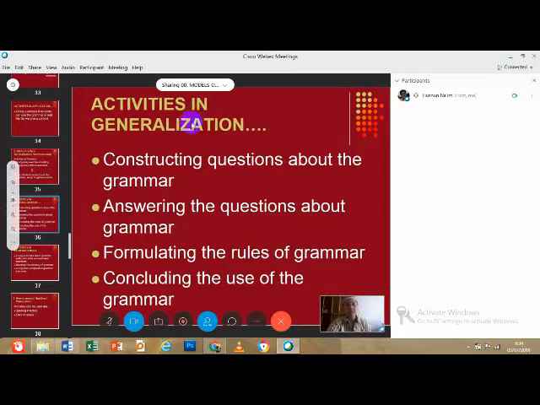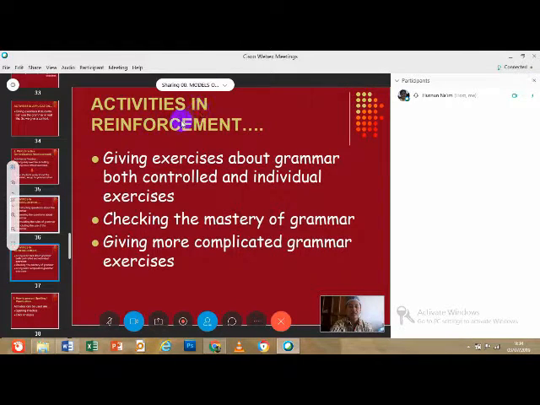Activities in generalization: constructing questions about the grammar, answering the questions about the grammar, formulating the rule of grammar, concluding the use of grammar. Activities in reinforcement: giving exercises about grammar, both controlled and individual exercises, checking the mastery of grammar, giving more complicated grammar exercises.